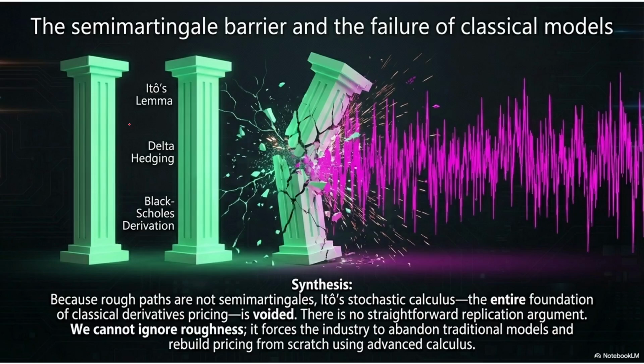Ito stochastic calculus, the entire foundation of classical derivatives pricing, is voided here. So there is no straightforward replication argument, no simple delta hedge, and the classical Black-Scholes derivation simply does not apply. So we cannot ignore roughness. It forces the quantitative finance industry to abandon traditional models and rebuild pricing from scratch.